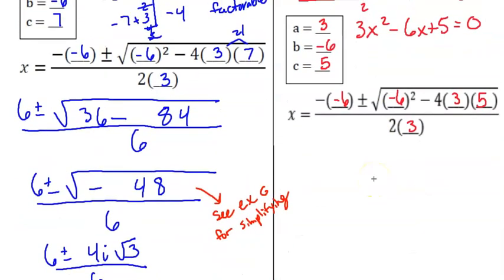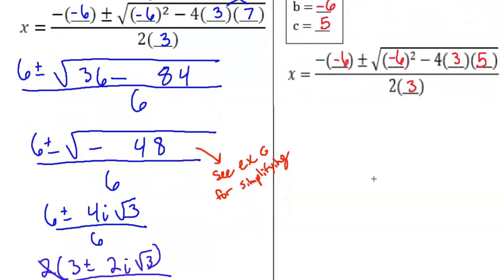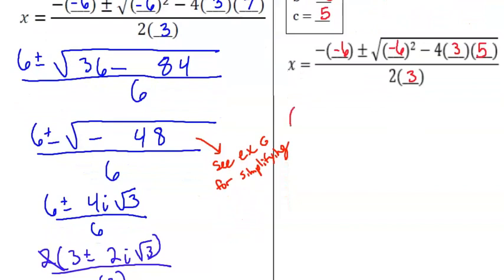So we have x equals negative negative 6 plus or minus the square root of negative 6 squared minus 4 times 3 times 5 all over 2 times 3. Let's simplify this a bit. So two negatives multiplied together cancel out.